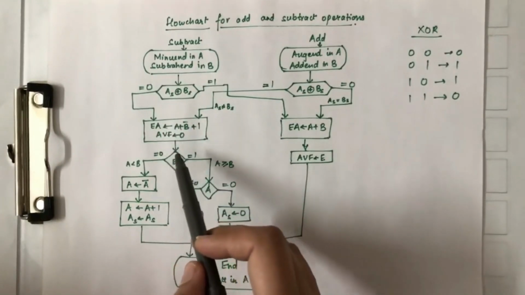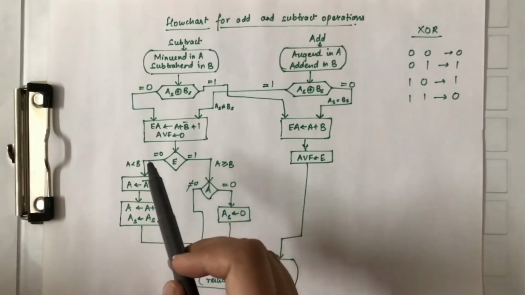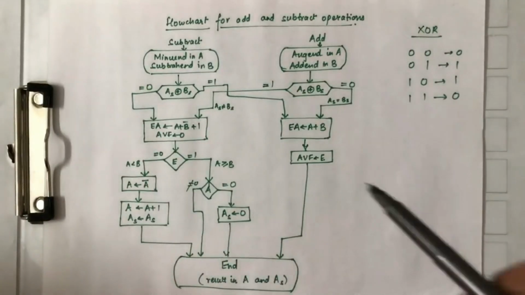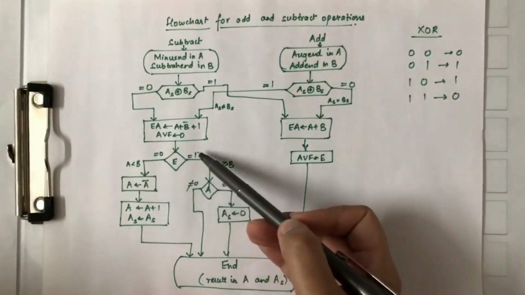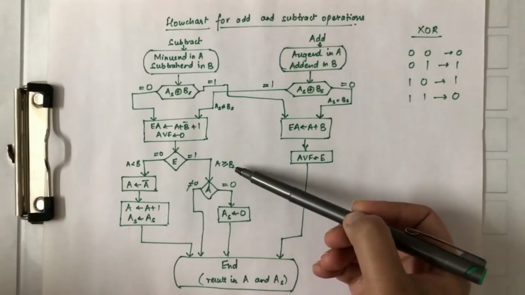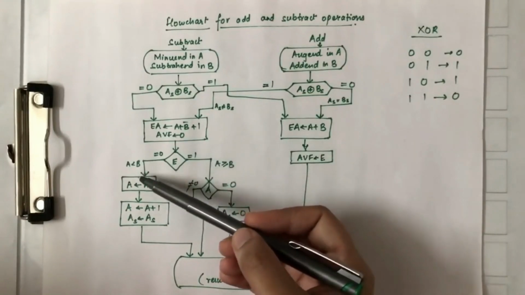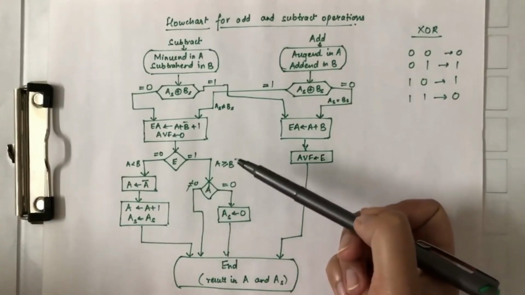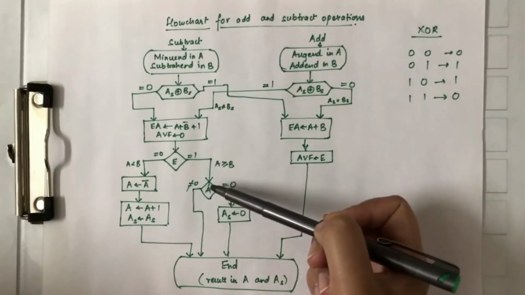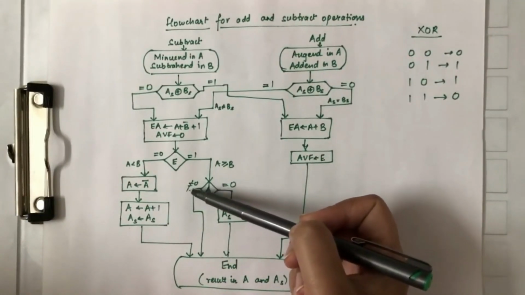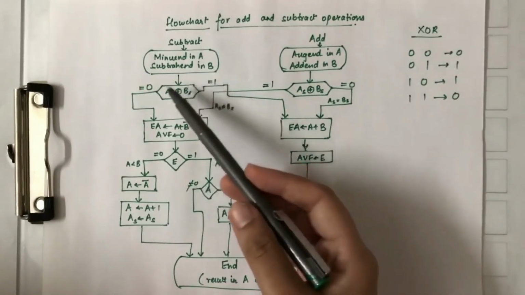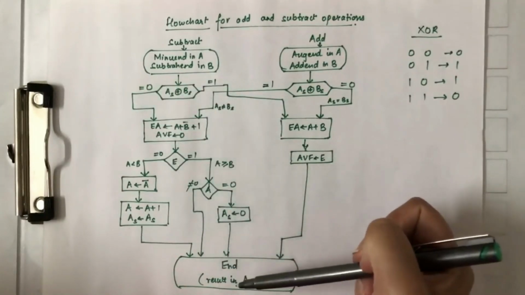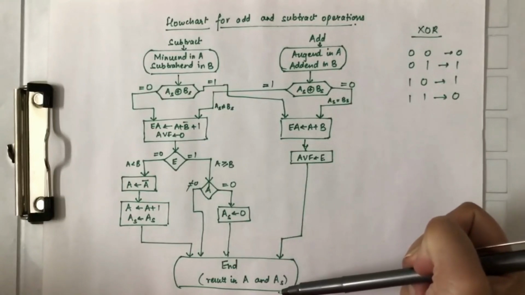Now the value of E determines which number is greater. If the value of E is 1, A is greater than or equal to B, otherwise it is smaller than B. In the case where A is greater than B, that means the result is not 0, the result is already found and it is already stored in A and AS.